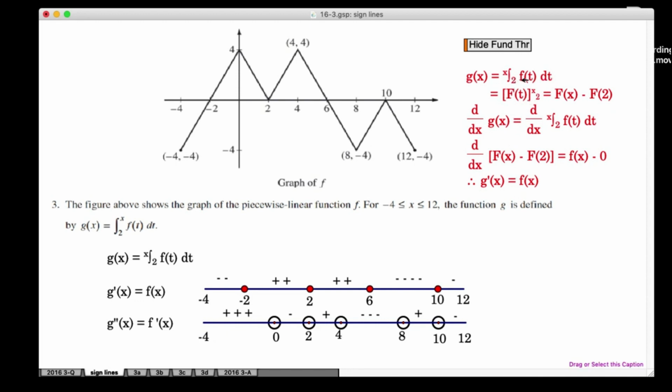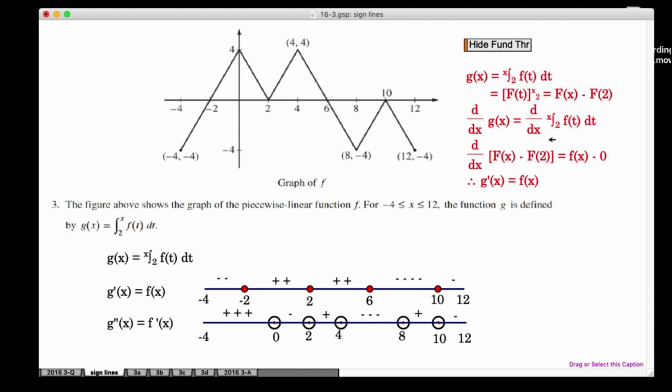But if I was to integrate this, and if I said the integral of little f was big F, then the integral of this would be big F of t from 2 to x, okay? Which means I plug in x first, which would be equal to big F of x minus big F of 2. Then if I was to differentiate g, that means I would differentiate this definite integral.